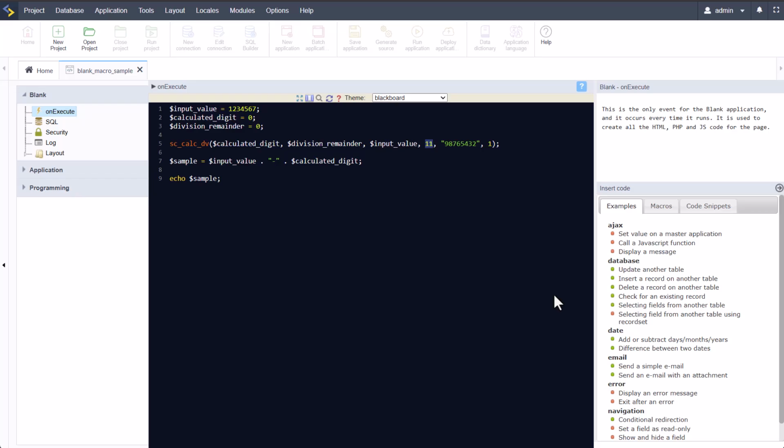So for example, 7 times 2, and that would equal 14, and then that counts as 14, right? And then we have also the sum of individual digits. So again, 7 times 2, for instance, equals 14, but that then equals 1 plus 4 equals 5, which is, well, completely different, right? And that's the whole idea of this SCCalc DV macro.